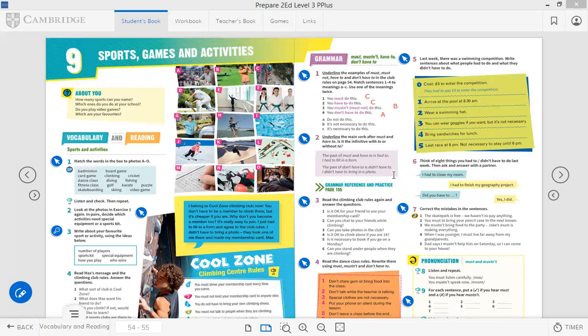I had to fill in a form. Is it with to or without to? With to.